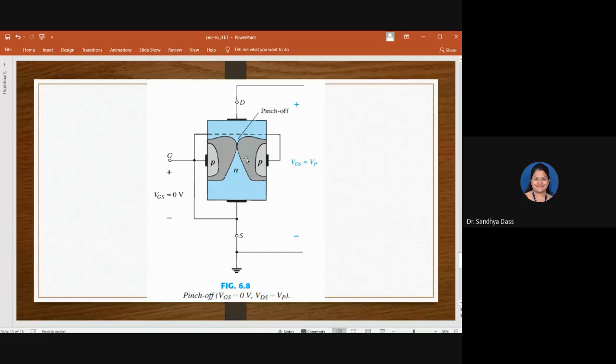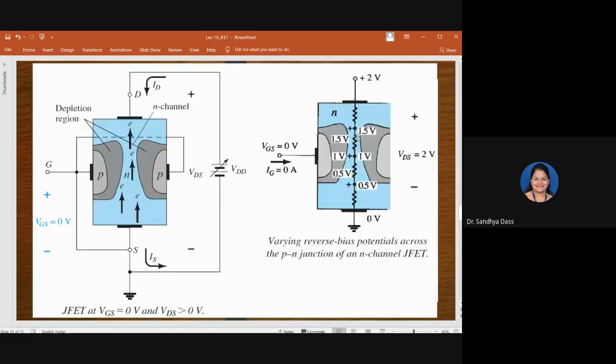Initially, when the depletion region was quite narrow, the channel had sufficient width to allow the current to flow through. As you vary VDS, the depletion region increases. As the depletion region widens, the width of the channel becomes less and less, which in other words means the resistance is increasing.